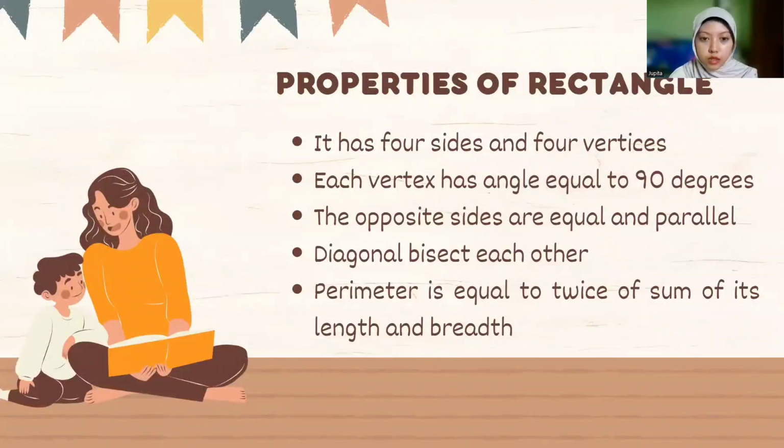Properties of rectangle. First, it has four sides and four vertices. And then each vertex has an angle equal to 90 degrees. The opposite sides are equal and parallel. The diagonals bisect each other, and the perimeter is equal to twice the sum of its length and breadth.